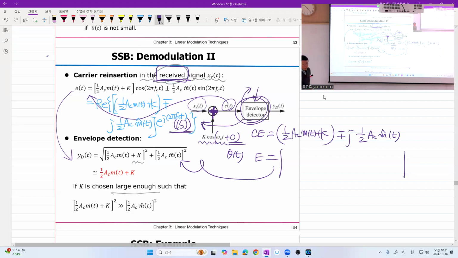And now, this is too much approximation, but if k is sufficiently large, we can ignore that one. And the envelope detector's output would be this one, approximately. And then if we have a DC block circuit, then we recover m of t, right? So the first idea is that what if we can reinsert carrier with no phase offset?